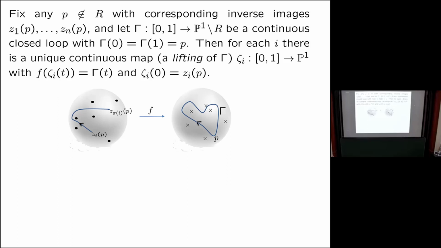Now, what happens when you get to the end? That means that this curve has gone back to p. The endpoint is some inverse image of p, but not necessarily zi of p.